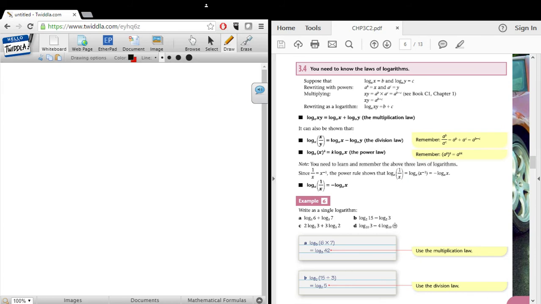Come on to an important point here. You've got these laws, is what they call them, laws, okay, with regards to logarithms.